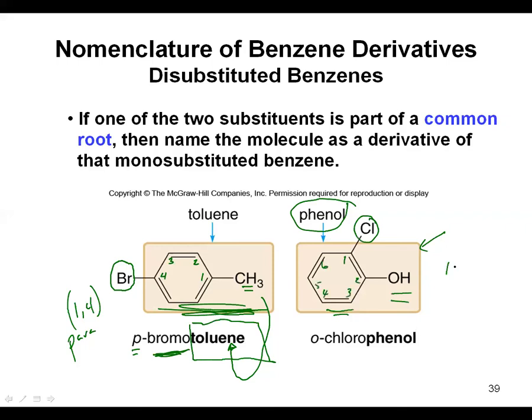So 1 and 2 being our ortho positioning, which is our O. Again, by using the phenol name, that implies that the OH group is part of that. So we don't have to separately name it. And then the only other group would be our chloro group here. So that is ortho-chlorophenol. So again, it's very common, especially the toluene, the phenol, and the aniline. Those are still historical names that are very, very still commonly used for each of these.